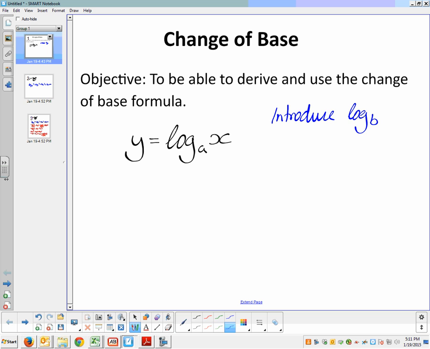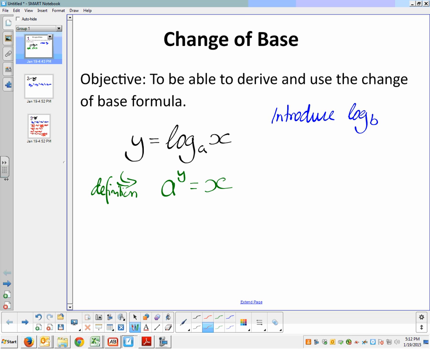How am I going to do that? Well, by definition, what is log? It's a to the y equals x. That's what logarithm means.